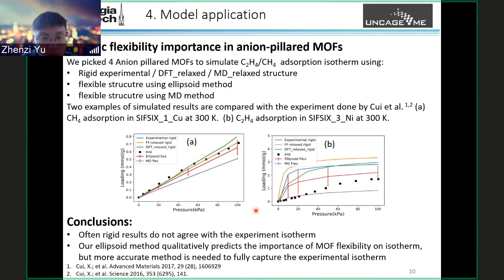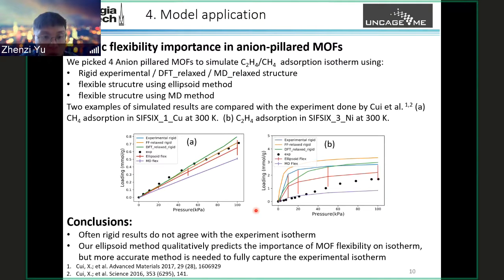In this slide, I would like to discuss the result from our model application. This slide consists of the intrinsic flexibility importance in anionic pillared MOFs. We picked 4 anionic pillared MOFs to simulate absorption isotherms using 3 different rigid structures and 2 different flexible structures.